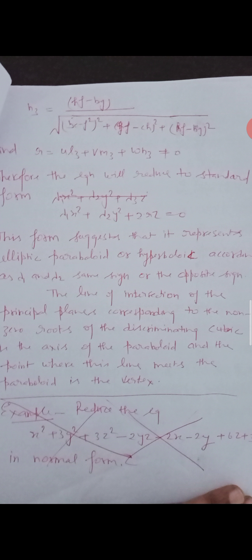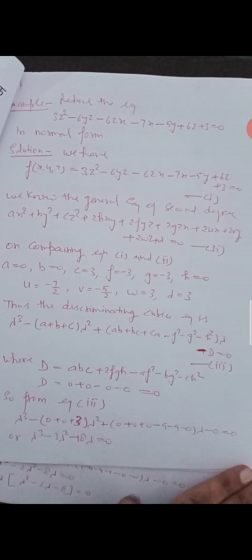This is equation first. We know the general equation of the second degree is ax square plus by square plus cz square plus 2hxy plus 2fyz plus 2gzx plus 2ux plus 2vy plus 2wz plus d is equal to 0.